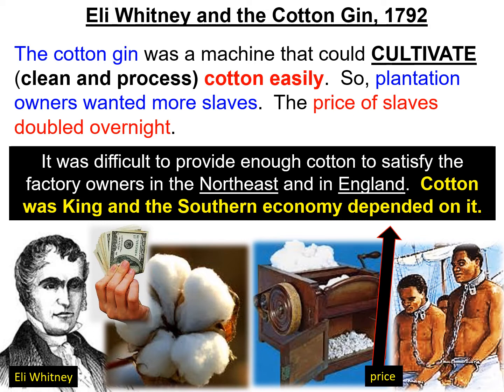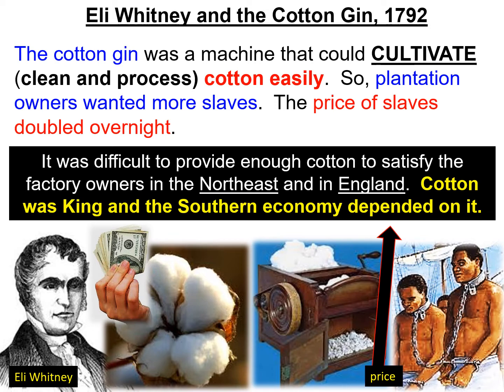Because if you have more slaves and you buy these machines that can clean the cotton faster, and cotton was a major resource that was used in the South to make money. So the price of slaves is going to double overnight because people in the Northeast, people in England, they want the cotton. They want to use cotton in those textile mills to make fabric, and that's how you would get clothing, different materials, fabrics.